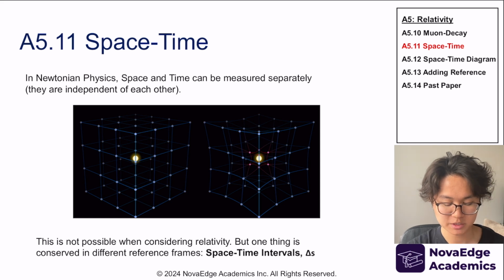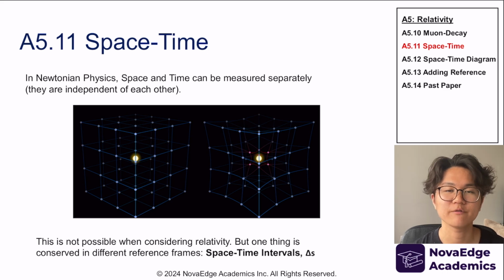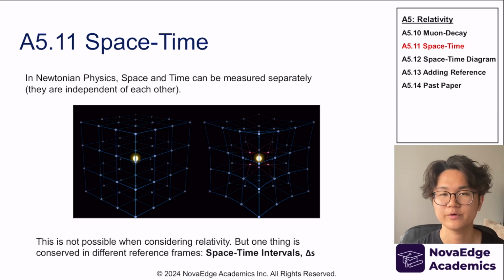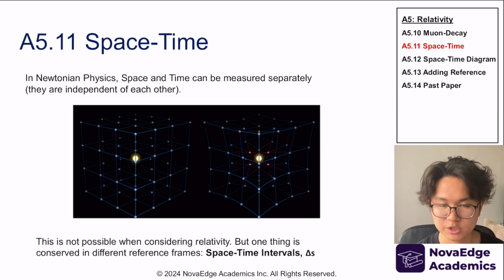In Newtonian physics, we measured space and time separately, and that was totally okay because they didn't affect each other, right? They weren't a function of each other. But when we considered special relativity and did the Lorentz transformation, which included the effect of the Lorentz factor and simultaneity, we saw a little problem: x prime was a function of x and t, and t prime was a function of x and t, right?